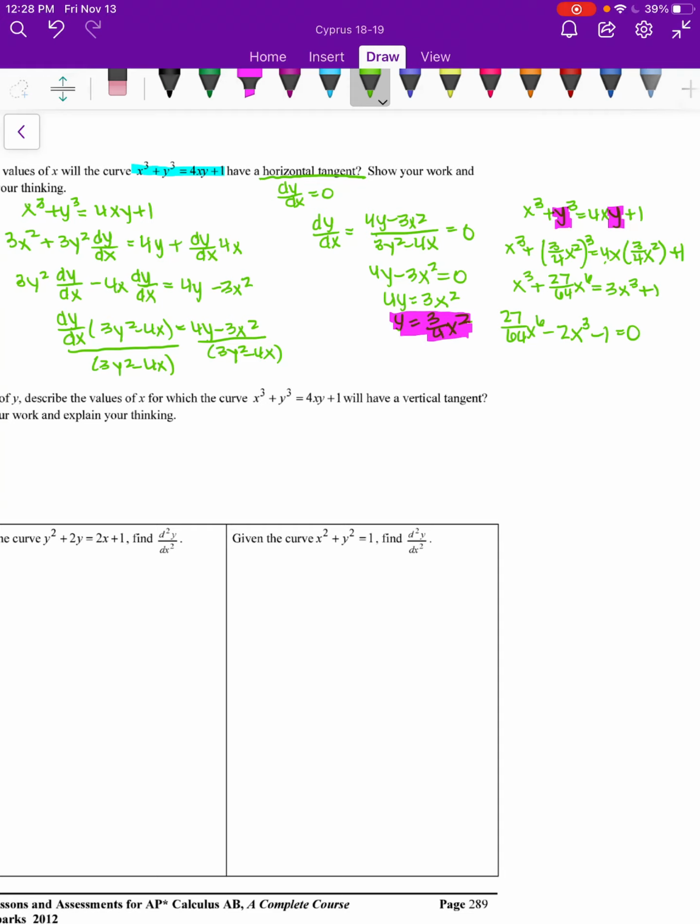And in order to solve this one in particular, I would graph this and find the zeros on your graph. So you could either use your graphing calculator or Desmos to graph this and find out what those x-intercepts are. And you will see that x is equal to about negative 0.77 and 1.73.